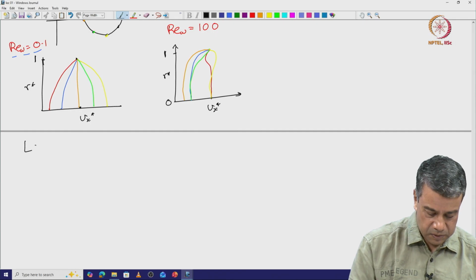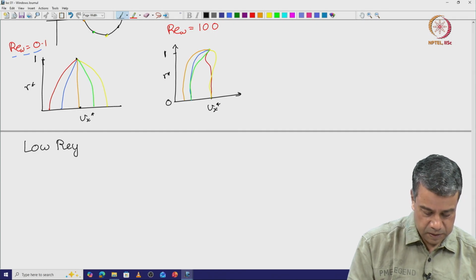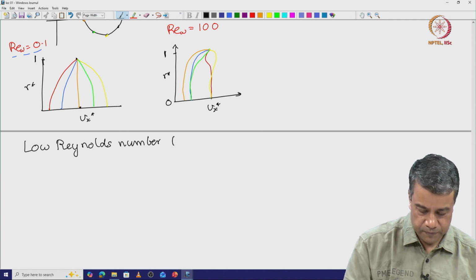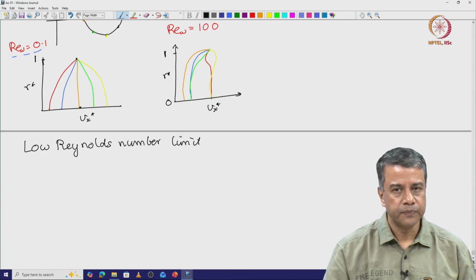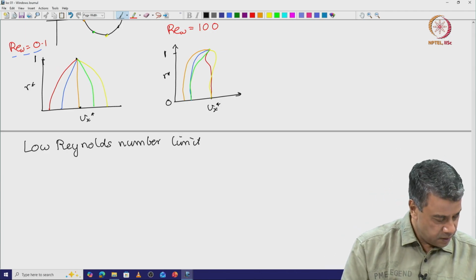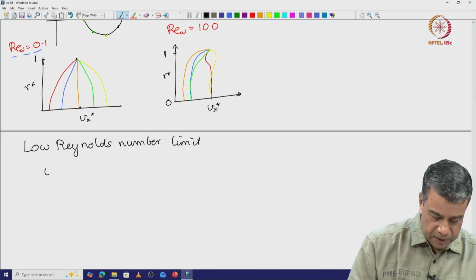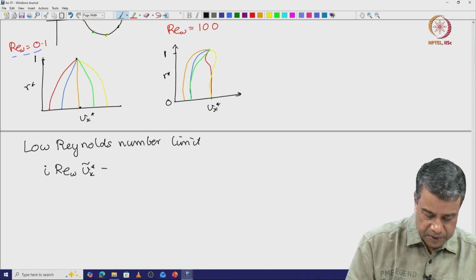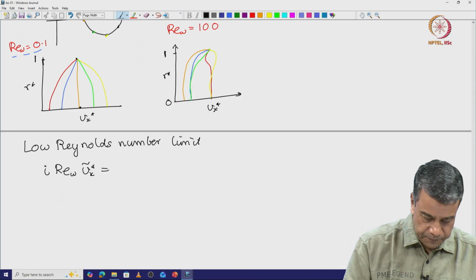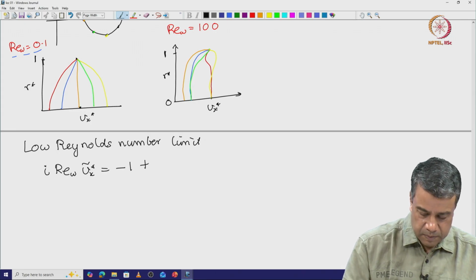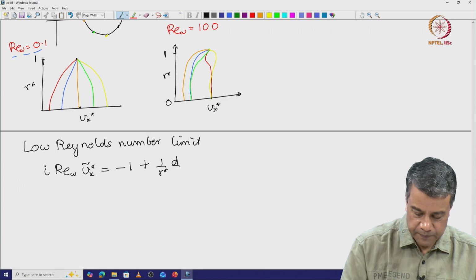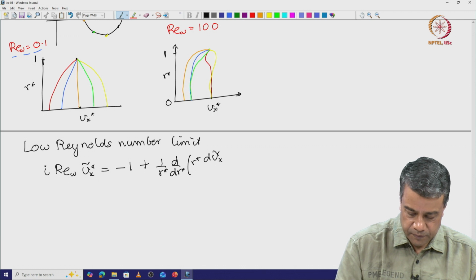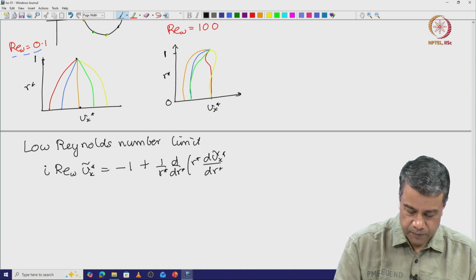So, first let us consider the low Reynolds number limit. Note that the equation was of the form i Re omega Vx star is equal to minus 1 plus 1 by r star d by dr star of r star dVx star by dr star.